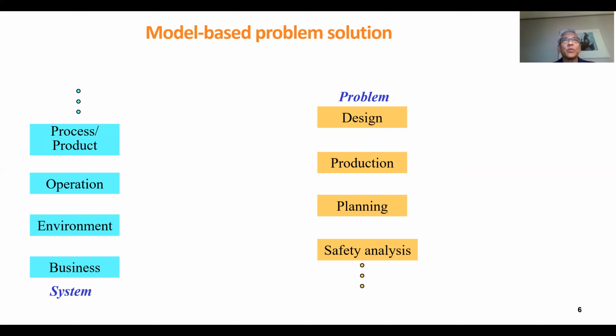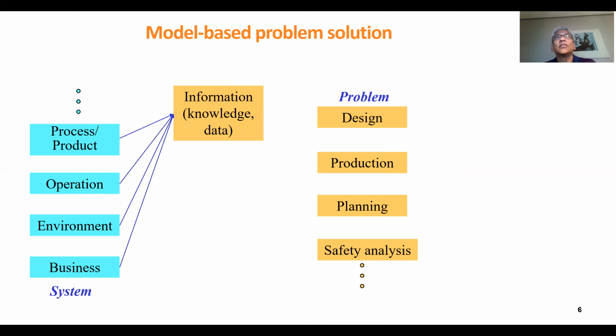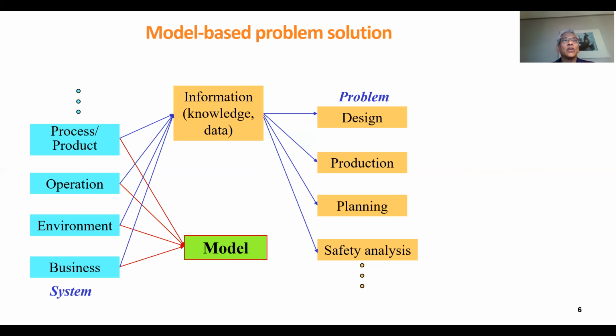So how do we solve these problems? For the systems that we see, we try to collect all the information in terms of knowledge, in terms of data. And if we have sufficient information, as the systems approach had said, then we would find a way to solve these problems. However, in most realistic cases, there is not enough knowledge or data. And when that happens, we need to study the system, understand the system, develop a model or models.